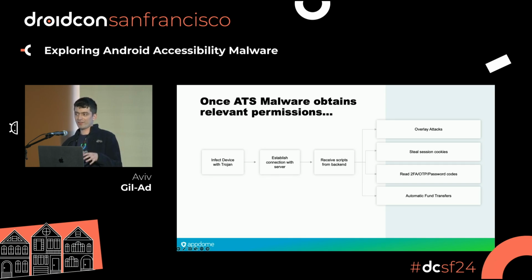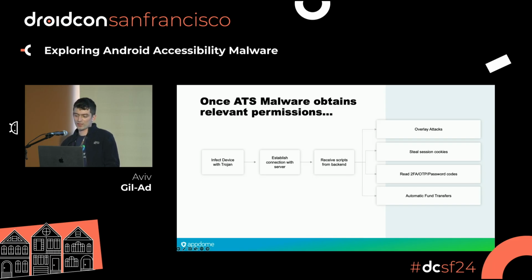When your device gets infected, the malware connects to its C2 server, asking it for directions, like what attacks to run, what apps to target, and then the server sends back scripts to run, and it simply does its thing, whether it's stealing session cookies, or getting your two-factor authentication codes, or simply transferring your money back to its owner.